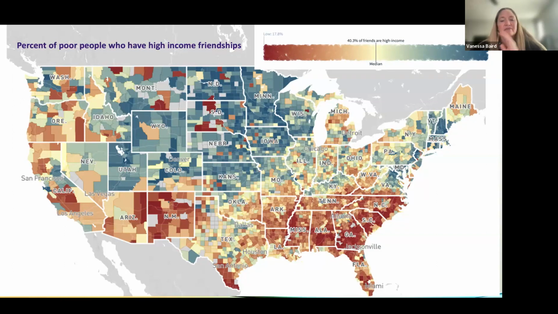And Chetty finds that this variation strongly predicts economic mobility, probably for a whole slew of reasons.